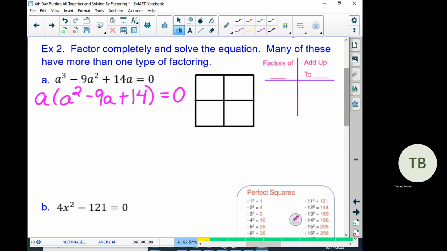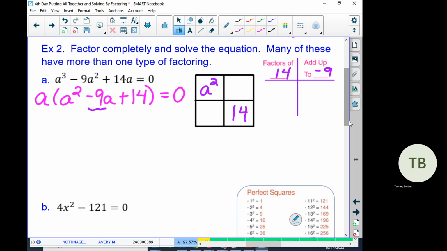Now, if you're trying to solve, you know that you can factor this further. On that cheat sheet, we'll just use the box on this. So remember, if this is a squared, we put a squared here. If this is 14, we put that here and here. And then what's in front of the a goes right here. You would want to think, what are two numbers that I can multiply to give me 14?